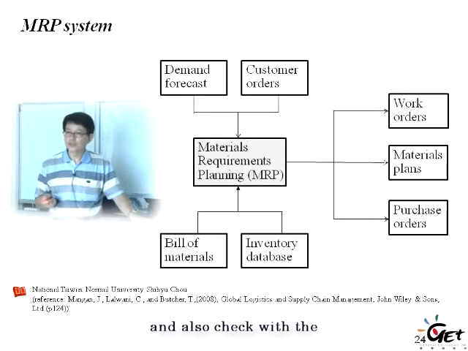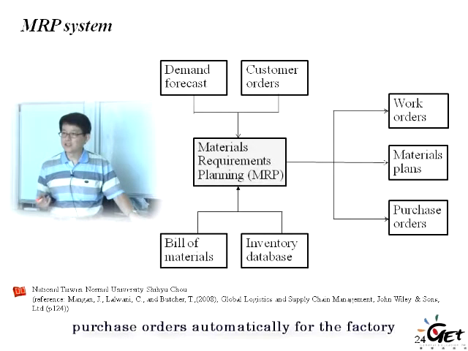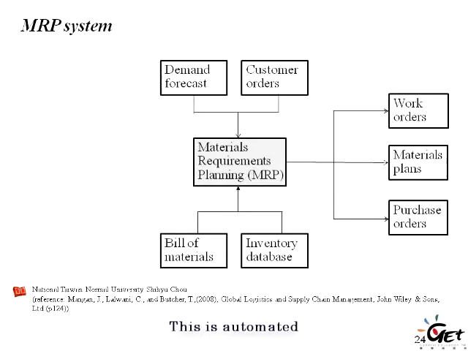It also checks the bill of materials and the available parts inventory, and the system can generate material plans or purchase orders automatically for the factory. So this is an automated materials planning and control system.